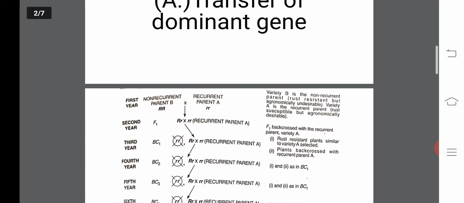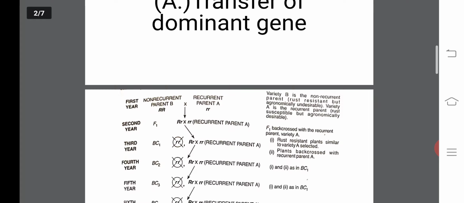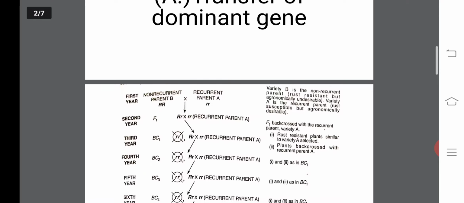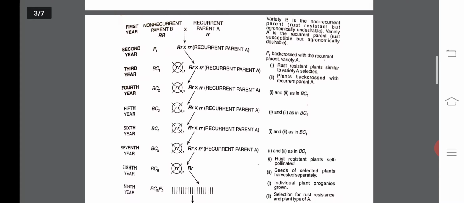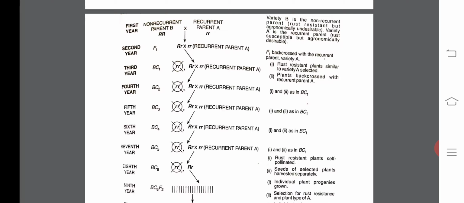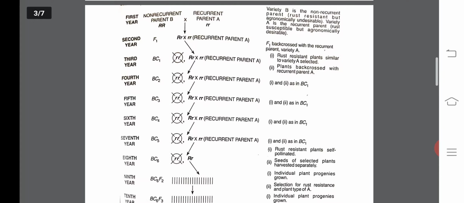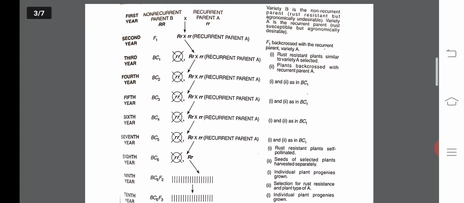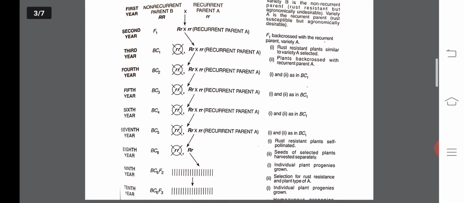In the 11th year, we grow a replicated yield trial with the recurrent parent as one of the checks. If our variety is highly yielding, then in the 12th year it is given for seed multiplication, and the next year we distribute it to the farmers.